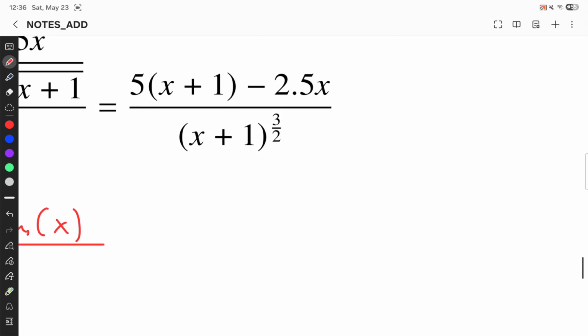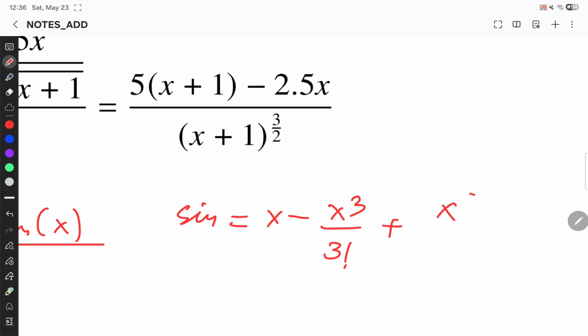Well, do you know the Taylor expansion of sine? Yes, you do. The Taylor expansion of sine is sine x equals x minus x cubed over 3 factorial plus x to the 5th over 5 factorial, and so on.